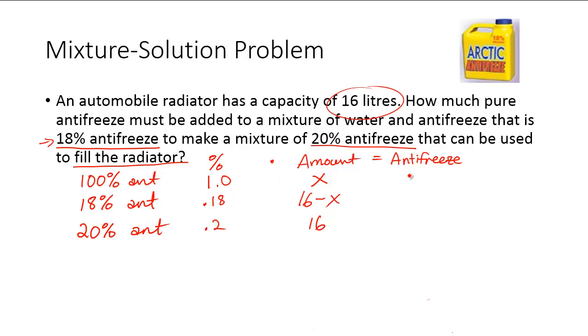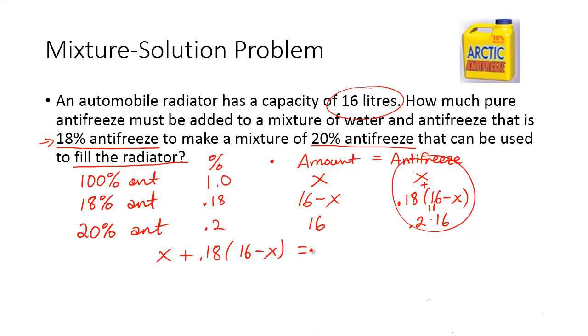If we multiply that through, we've got antifreeze, which is 1X, which is just X, mixed with the diluted amount, 18% of 16 minus X, giving us 0.2 times 16. Now we know that this amount of antifreeze plus this amount should equal this amount, and there's our equation. So we can solve that: X plus 0.18 times (16 minus X) equals 0.2 times 16.